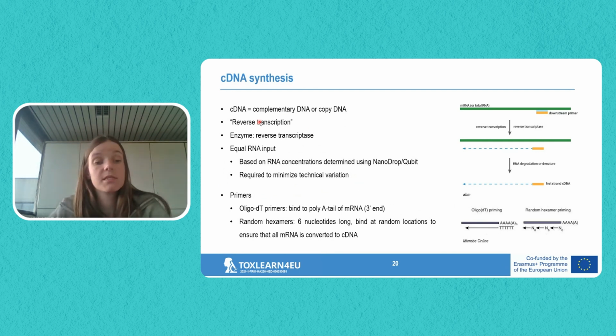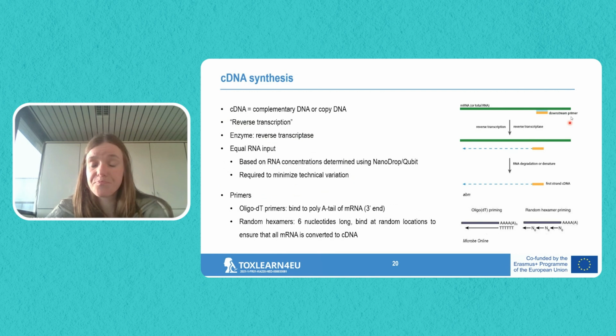The process of converting mRNA into cDNA is called reverse transcription. The reason is that inside cells, typically DNA is converted into mRNA, and we call this process transcription. And this is simply the opposite of transcription, so hence the name reverse transcription. The enzyme that performs this reaction is logically called reverse transcriptase.